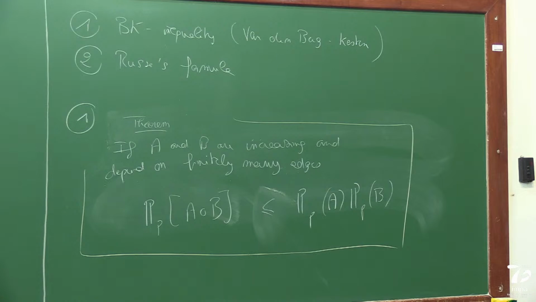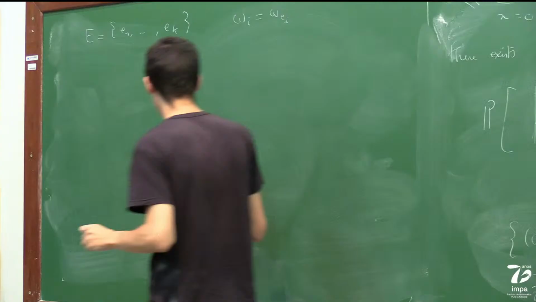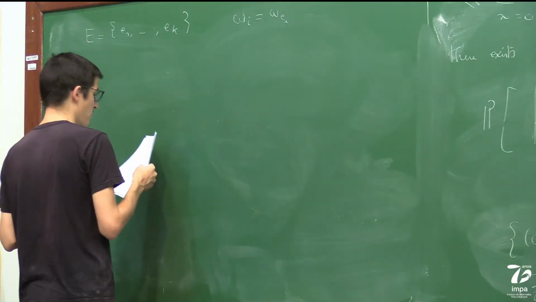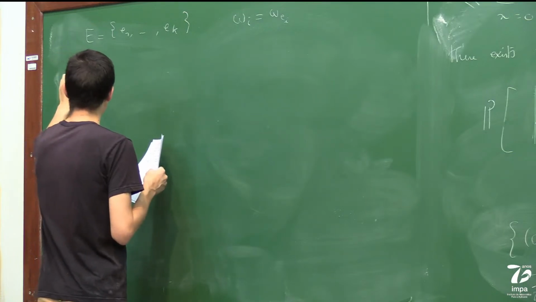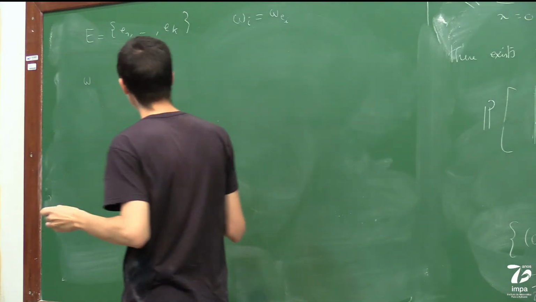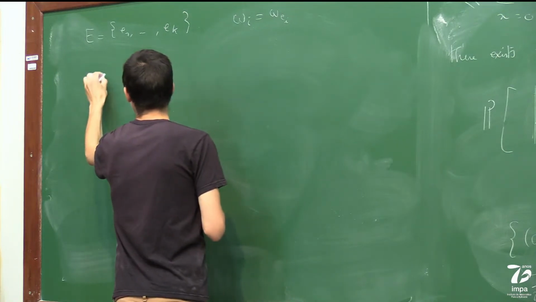So what we are going to do is to duplicate the edges. So now we are considering not one environment omega, but we are considering two of them.